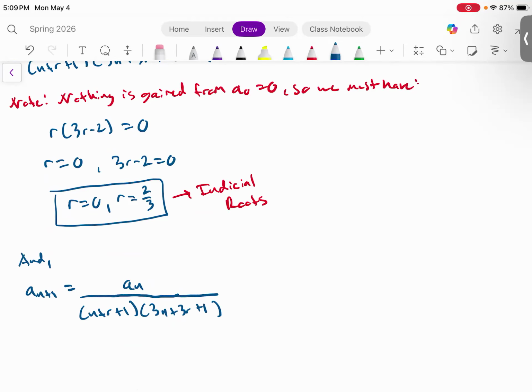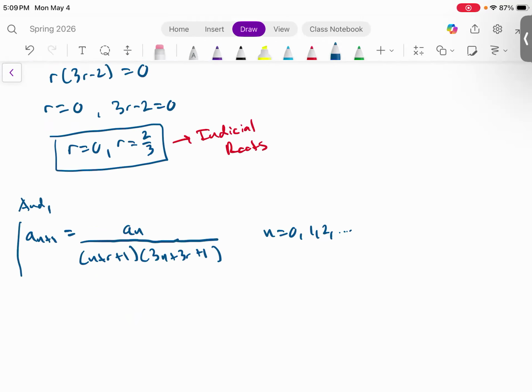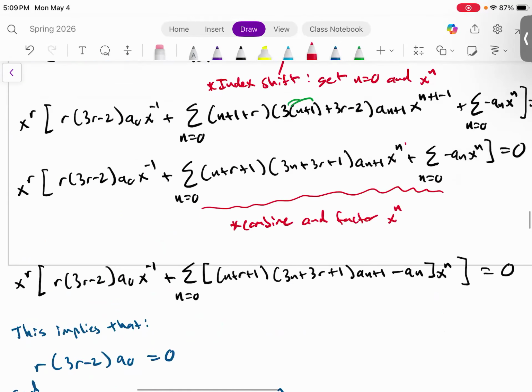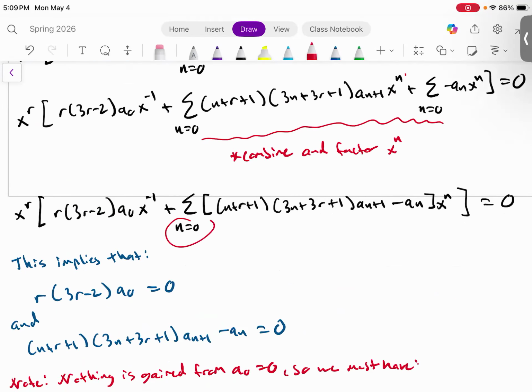Okay, and then our index starts at 0, 1, 2, dot, dot, dot. Okay, so this is our recurrence relation, starting out at n equals 0 because that's just where our index is starting out at for our power series.